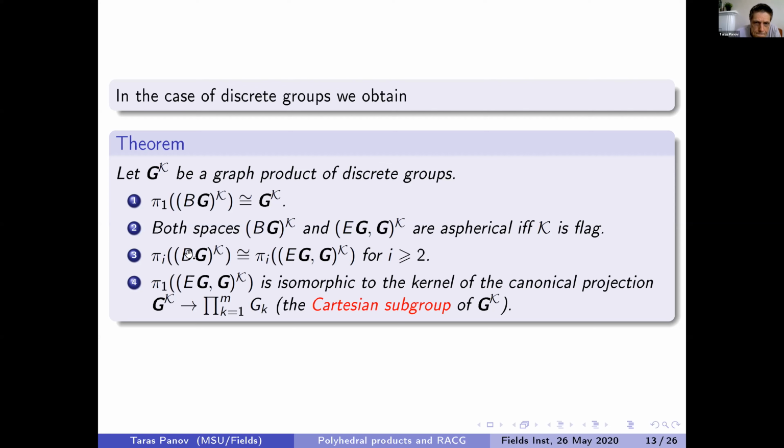Again, that asphericity statement is basically the Whitehead theorem: when you glue aspherical spaces along some recipe, Whitehead's theorem tells you when you get an aspherical space, and this follows from that. To see that it is not aspherical when K is not flag, you have to look at higher Whitehead products.